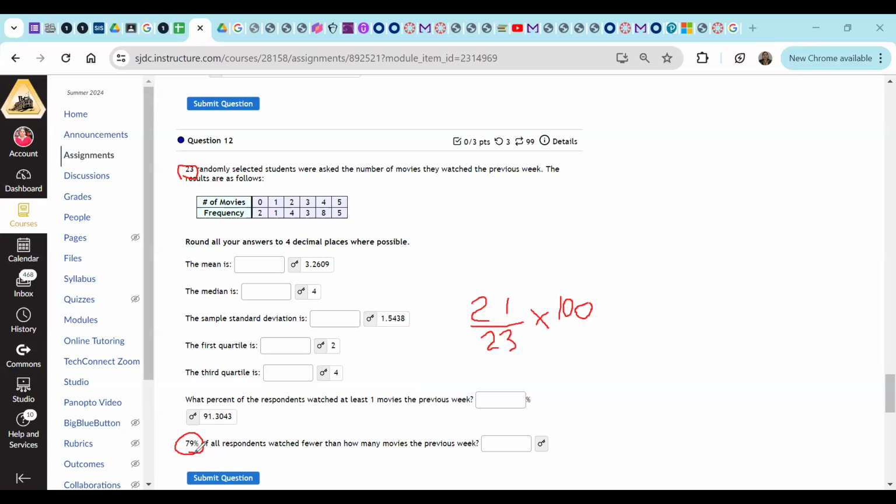Any idea? Fewer than 5. And what is the 18 that you said, 18 fewer than 5?